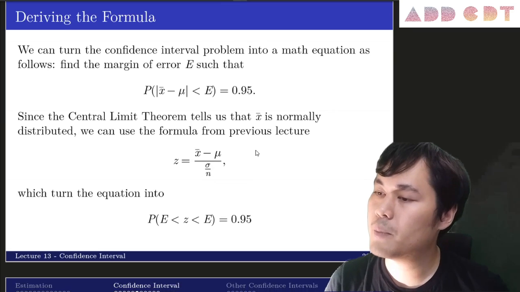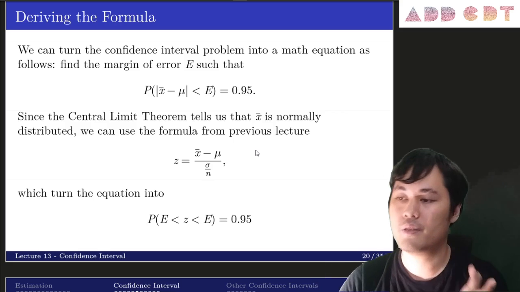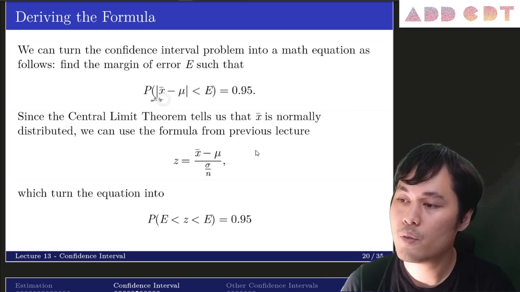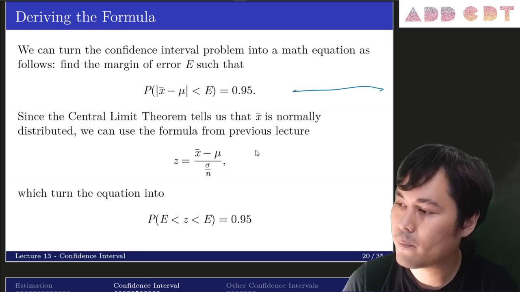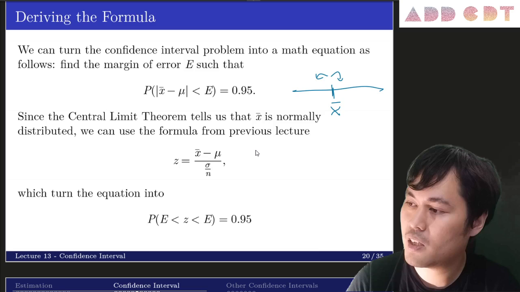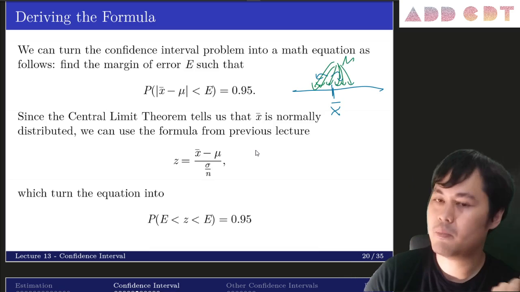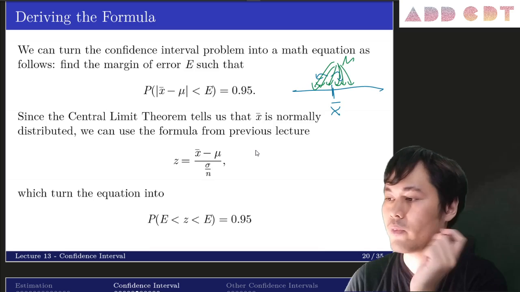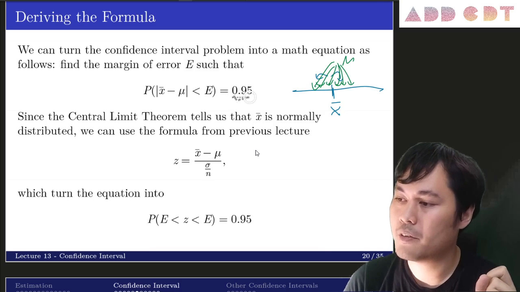So the problem here, we can translate into a math equation, which is this equation. This equation asks for the probability that mu is not too far from x bar. We want that probability to be 0.95.